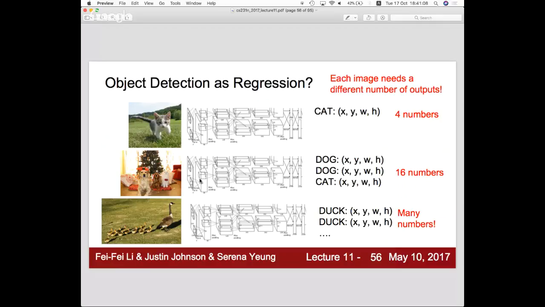So the question is, how do you get this, which only allows you to run once through it, to output an unknown number of numbers that describe what are the objects detected within the image.